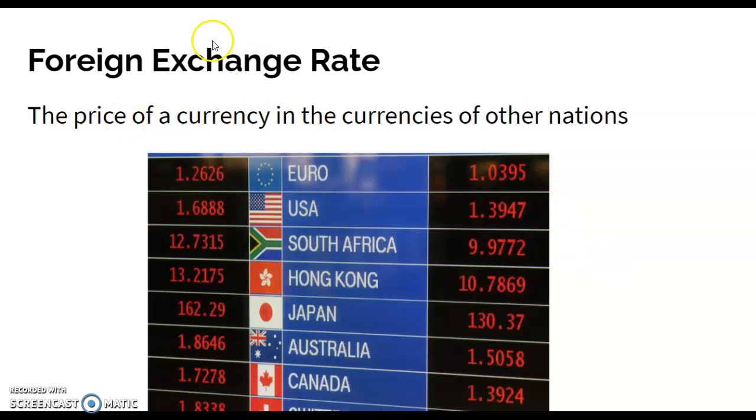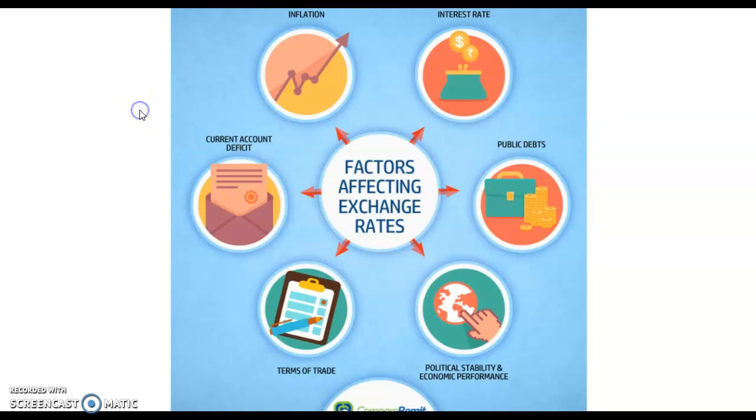But you need to know that exchange rate is basically how many euros do you get for every US dollar? Or how many yen do you get for every US dollar? Or how many pesos do you get for every US dollar? So that would be your exchange rate. How much does it cost you, and how much does it cost them for that same amount of money?